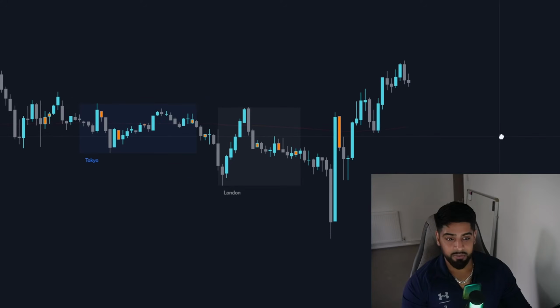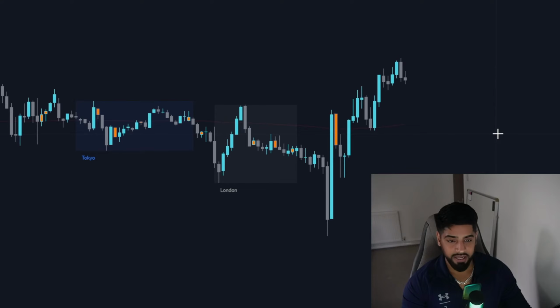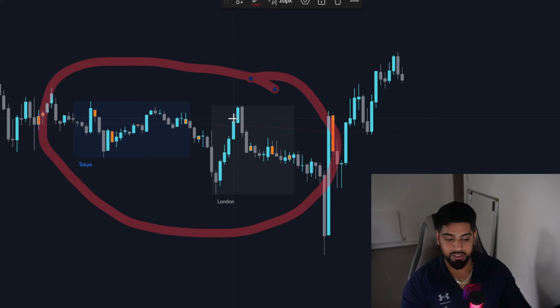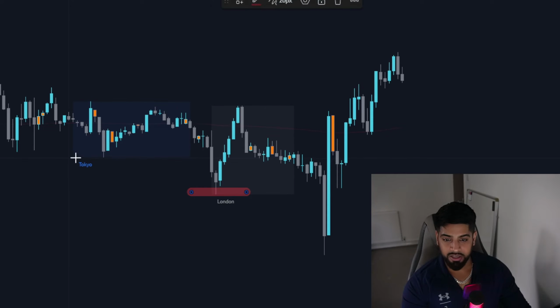And step number 2 includes identifying liquidity and where key areas of interest are in the market. And liquidity is always resting below number 1, session highs and session lows. Number 2, daily highs and daily lows. These are going to be your immediate draws on liquidity, and we're going to identify them by utilizing a simple indicator which is going to mark out the London session and the Asian session, so we don't have to do anything.